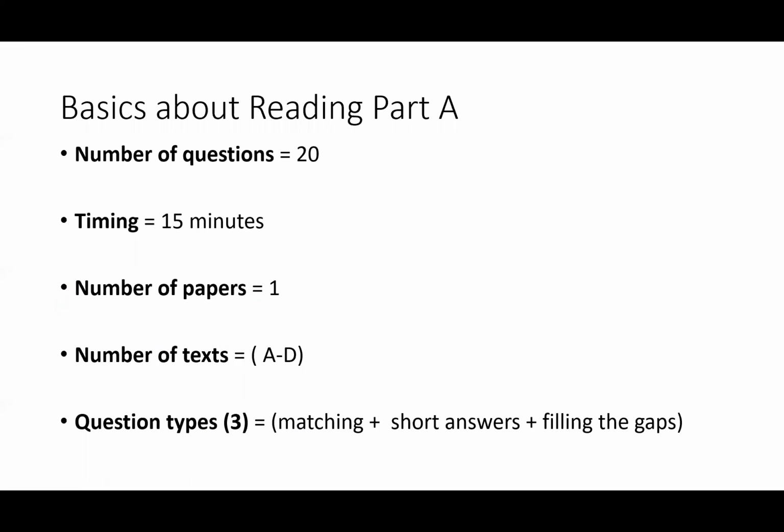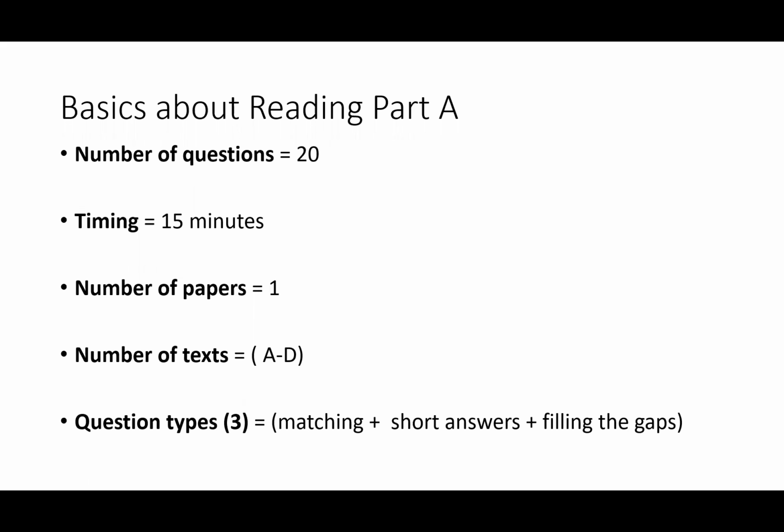So before we proceed, we should know the basics about reading part A. Number one thing you should know is that you have a total of 20 questions to answer. In OET, your total score is over 42.